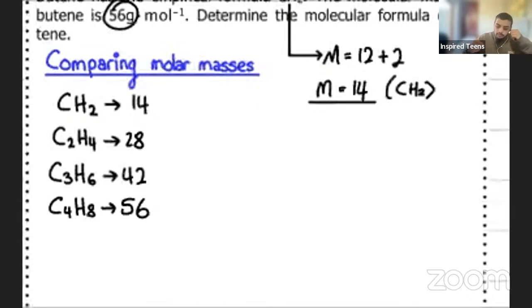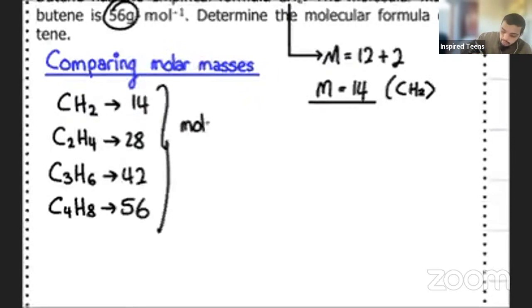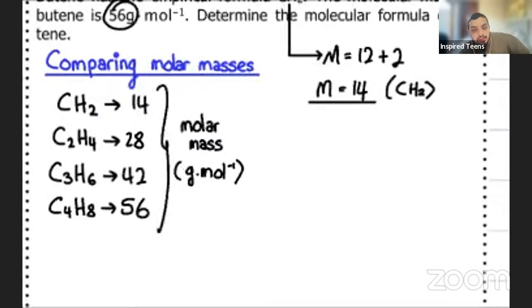These are molar masses, by the way, grams per mole. Now you can't forget that, because the molecular mass is actually just the mass of 1 mole. So now you'll remember its units.